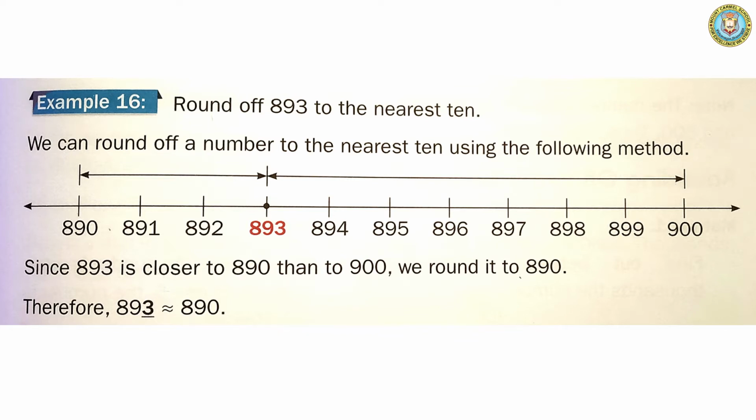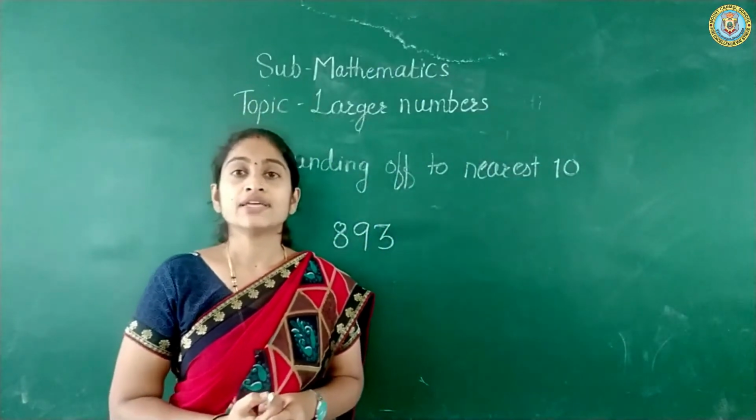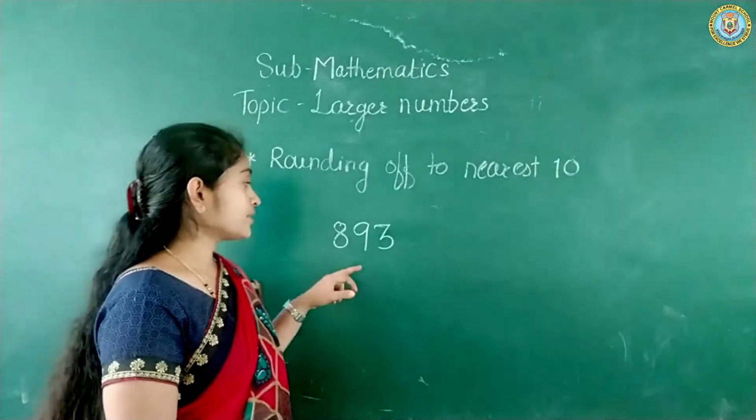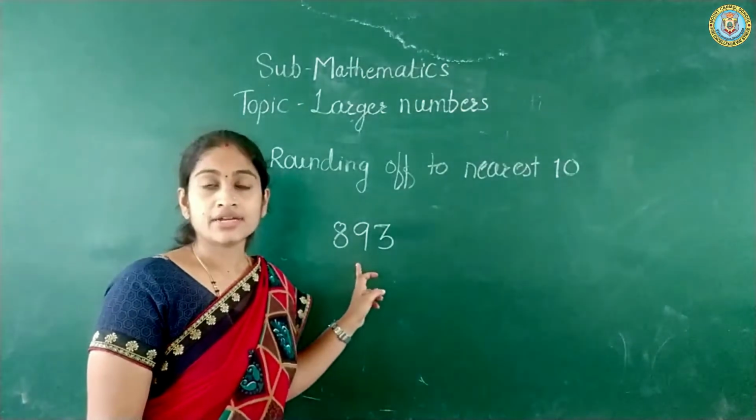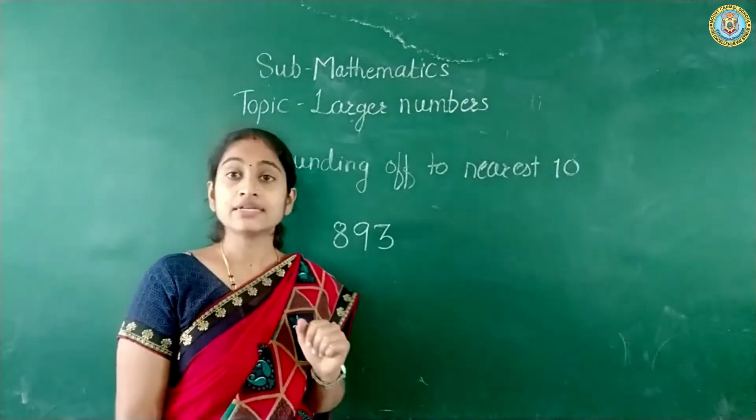Here the number given is 893, and we have to round it off to the nearest 10. Nearest 10 means what?